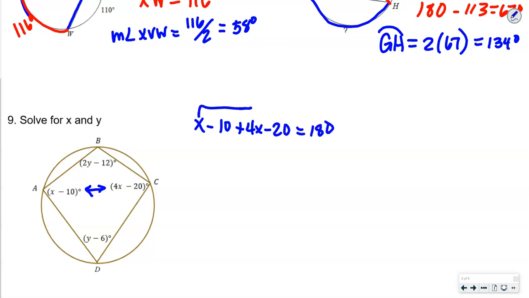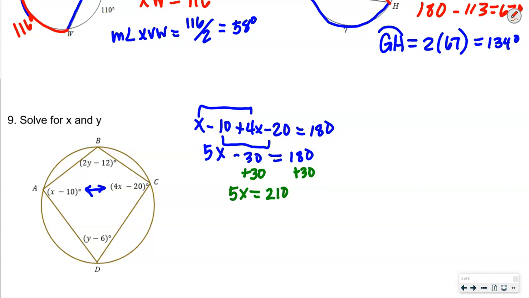We're going to combine our like terms, so that's going to be 5x there, and then minus 30 is equal to 180. We're going to add 30 to both sides. So 5x is equal to 210. We're going to divide both sides by 5. So x is equal to 42.